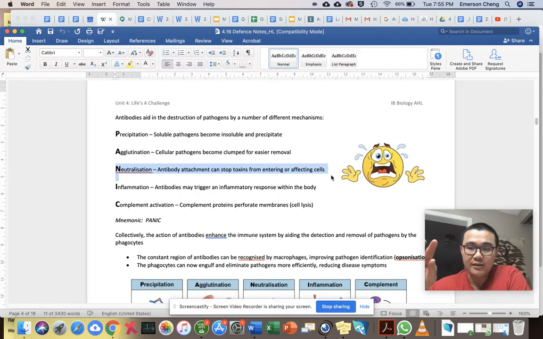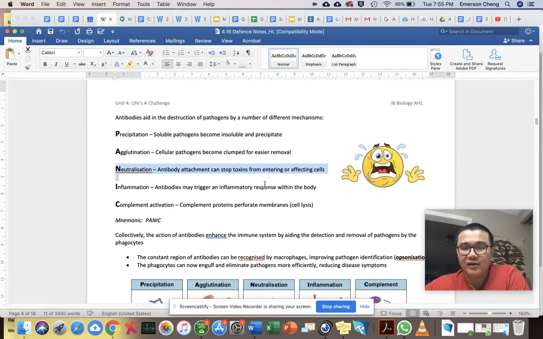A toxin is actually just a chemical that is produced by the pathogen itself. The pathogen might be dead, but you might still have toxin there. Your antibody can attach to that toxin so that it can stop it from going inside the cell or affecting it.